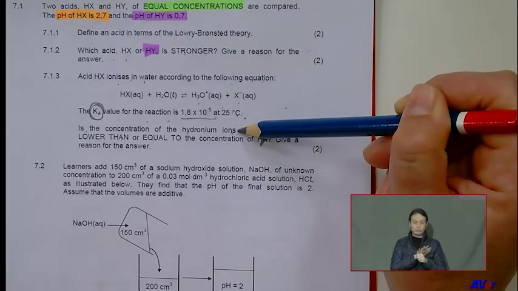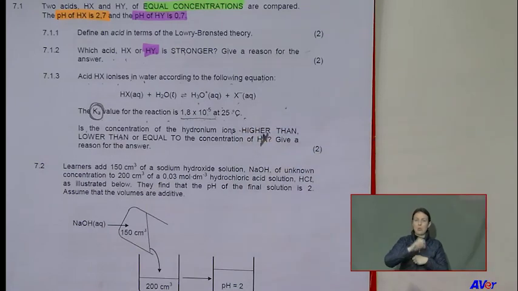Because HX will ionize incompletely to form a lower concentration of hydronium ions, because HX is probably a weak acid.